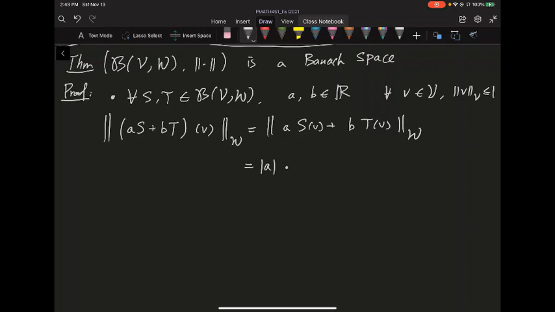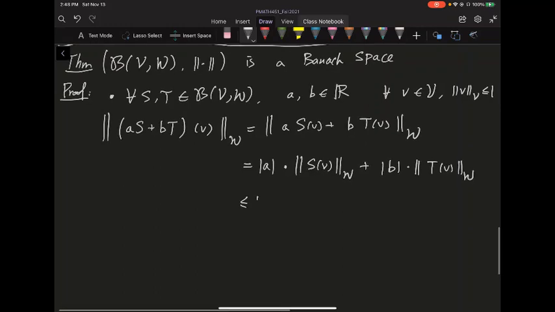That's the absolute value of A times the norm of S of v, plus the absolute value of B times the norm of T of v. Because S and T are bounded, when you evaluate on some vector with norm less than or equal to 1, they are bounded above by their own operator norm. So this is bounded above by the absolute value of A times the operator norm of S plus the absolute value of B times the operator norm of T.